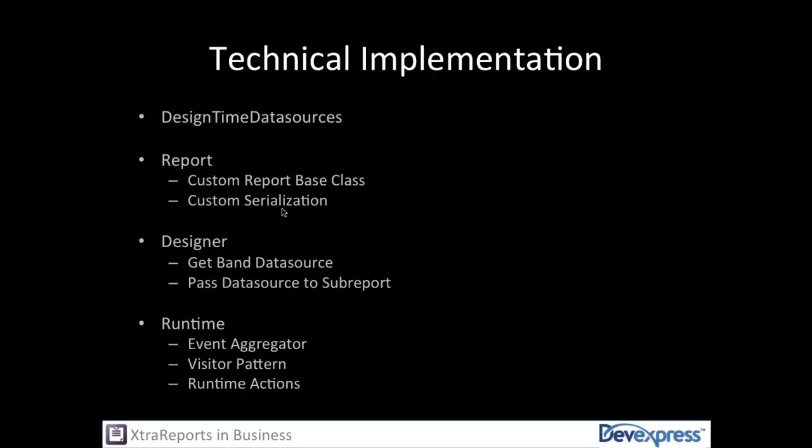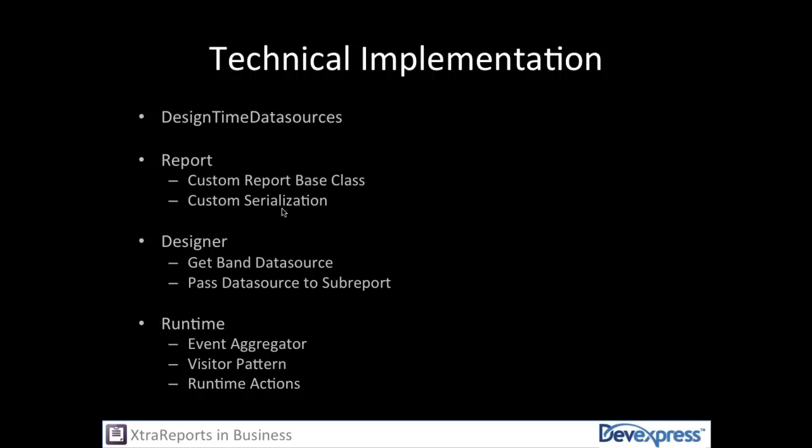And if all you get out of this presentation is a little bit of the code snippets that you can take with you and use in your projects, that's great. So all those are there. If you need to get a data source out of the current row or the current band, all that's here for you. And then we also pass that data source to the subreport.